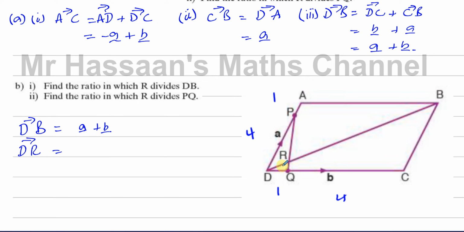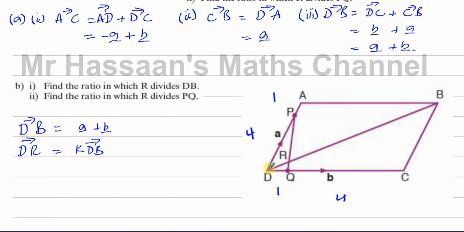So it can be expressed as a multiple of D to B. If two vectors are in the same direction but have different lengths, then they are multiples of each other. So let's call that multiple K. D to R is equal to K times D to B.